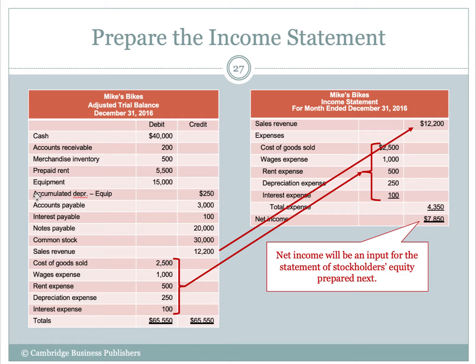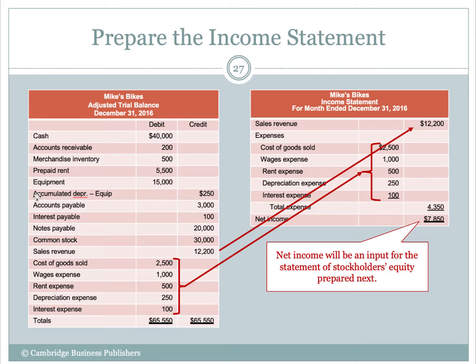Okay, so what we have here on the left is the adjusted trial balance, okay? And we're taking the information from the adjusted trial balance and we're preparing our financial statements. So the first financial statement we need to prepare is the income statement. What information are we taking from the adjusted trial balance to the income statement?